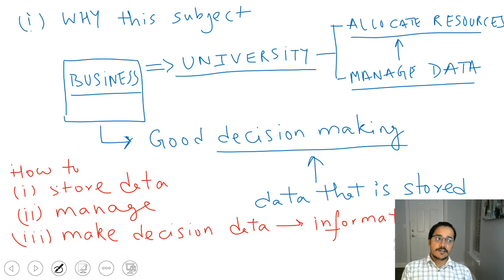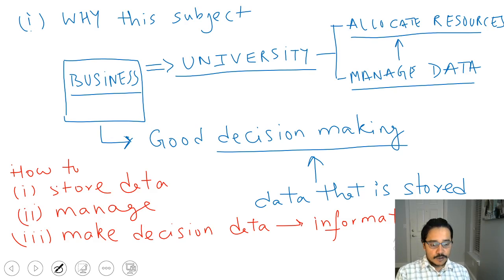Okay, so these are the essential aspects of any successful business that you would like to run. All right. So data is like the currency of running a good business, in a figurative way of saying it.